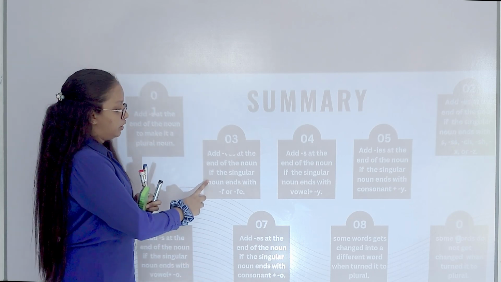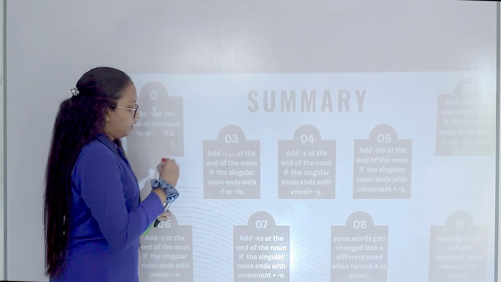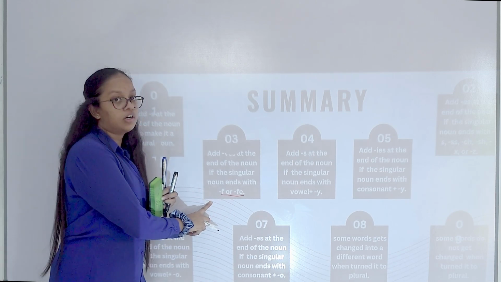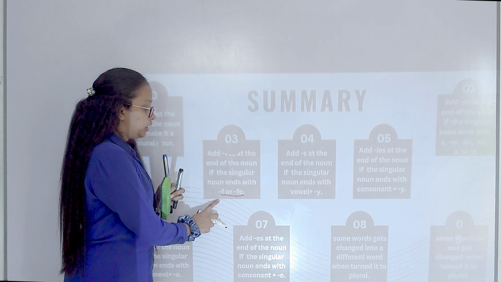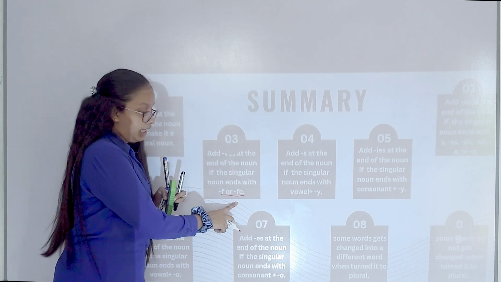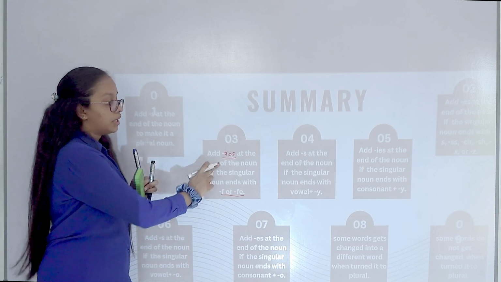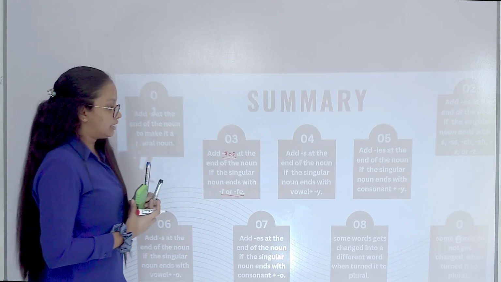As the third rule, if the word is ending with F or FE, we are going to cut out the F or FE and add VES.